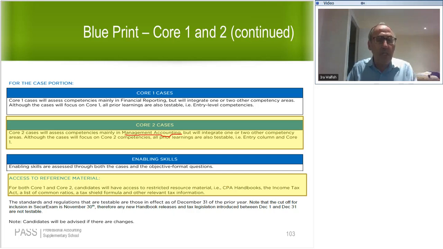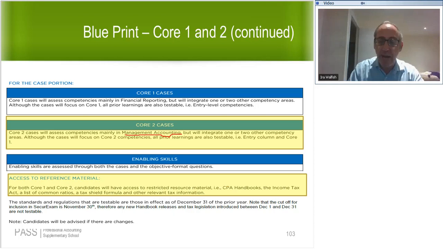You'll also, at the back of your exam, have a table with common ratios and the tax shield formula and various tax information. You'll get an idea of the type of information that will be provided to you at the back of your exam when you look at the practice exams PASS has provided. In those practice exams, you can get a pretty good feeling for what kind of information is provided in the table at the back of the exam.